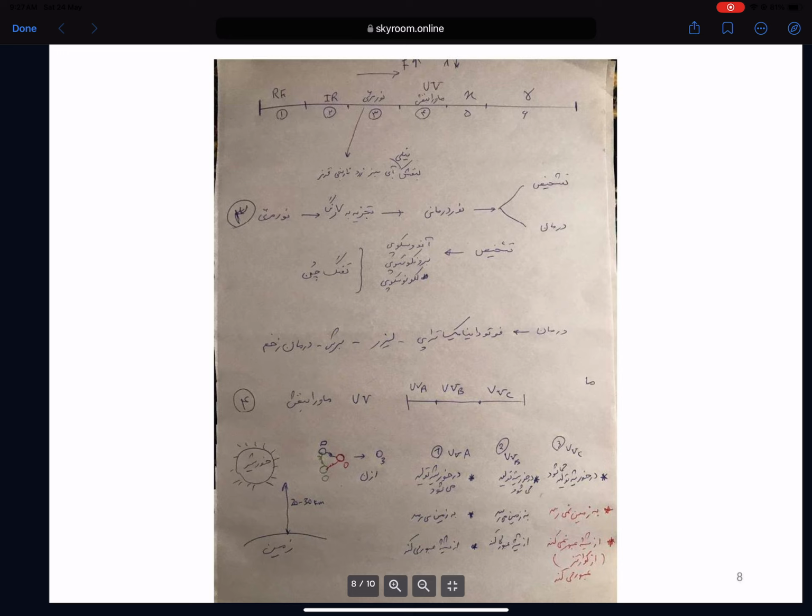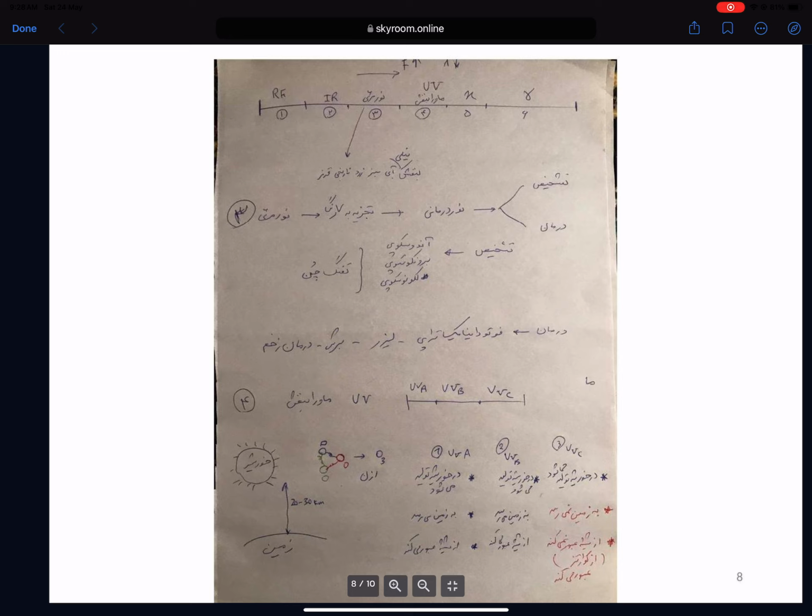In the case of ultraviolet, at the bottom of the image, I tried to draw a cartoon picture of the sun and the earth, because the source of ultraviolet is the sun. For UVA, UVB, and UVC, please try to make a note. Please try to write three simple sentences about them.